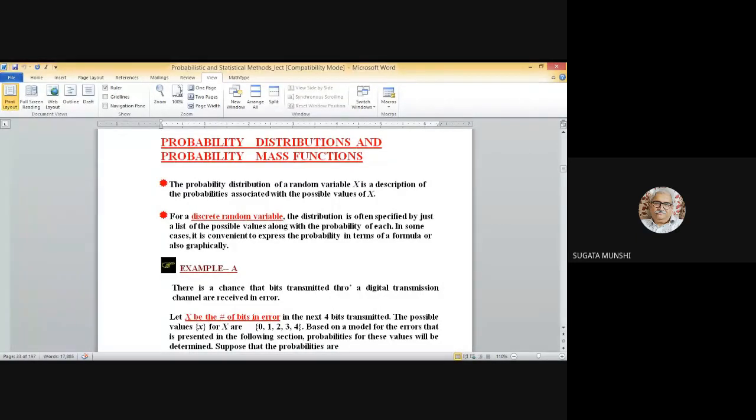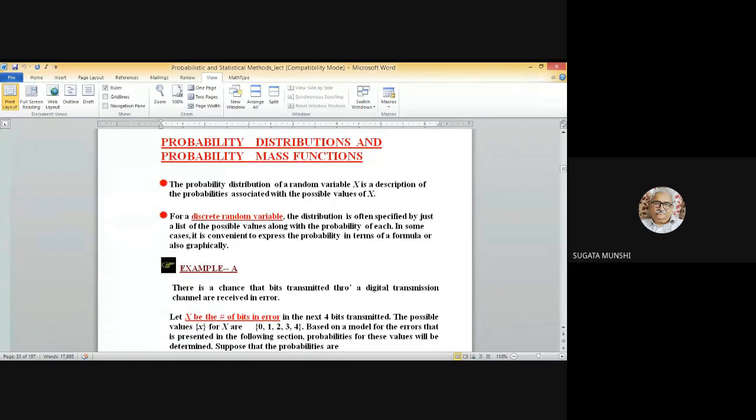Because here the probability assigned to every discrete value is given, the probability distribution function under consideration is called a probability mass function. Why is it called that?